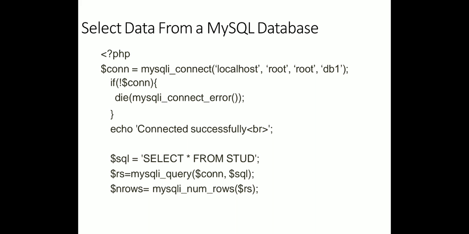Then the third variable, $nrows, equals mysqli_num_rows($rs). Whatever data you are retrieving via this query from the connection and SQL variables is given to the $nrows variable, using the function mysqli_num_rows. So all that data will be stored in rows format.